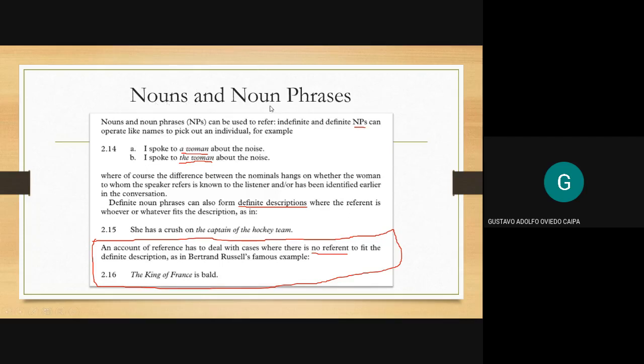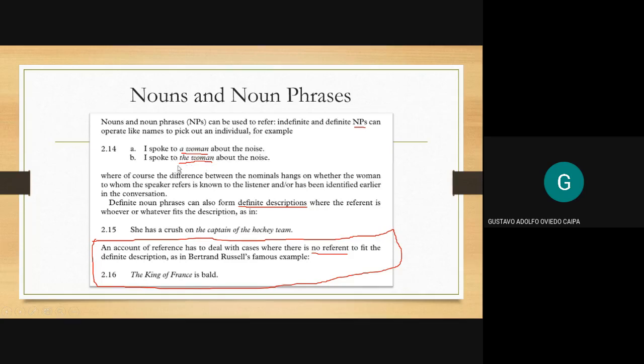nouns and noun phrases can be used as reference, right? So basically, a woman and the woman can be used to refer to the same thing, but it's just that one is more dependent. When we say a woman, which is indefinite, we mean that the person we are talking to may not know what specific woman, right? I spoke to a woman. Maybe this is less specific, and the woman is more specific.